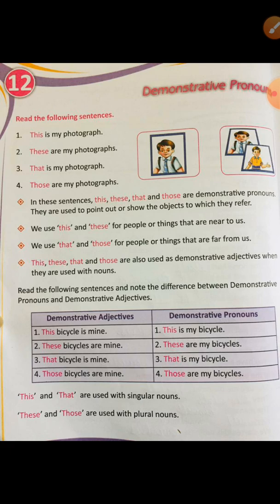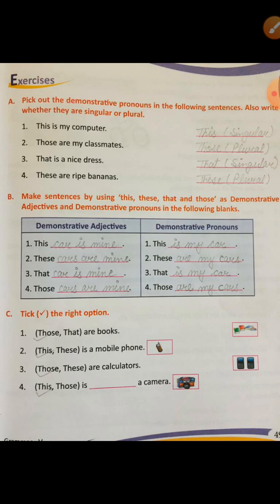When we put a personal pronoun, third person, with a demonstrative word, that is called demonstrative pronoun. Now come to exercise A. Pick out the demonstrative pronouns in the following sentences. Also write whether they are singular or plural.